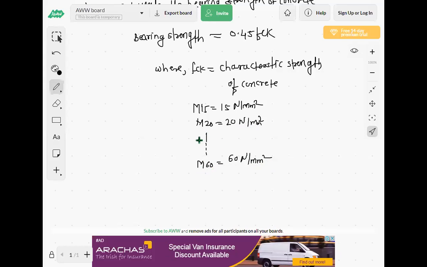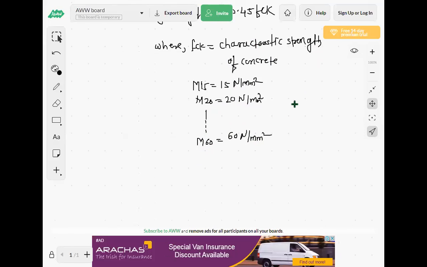It means for M25, M30, M35, M40, the respective values 25, 30, 35, 40 will come. We put fck here and calculate bearing strength in Newton per mm square. So this is step 1.